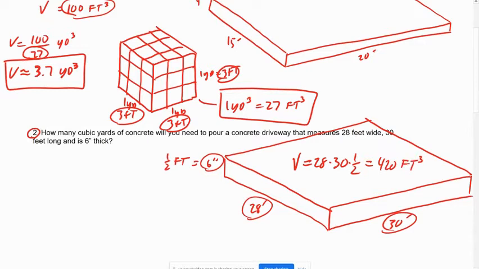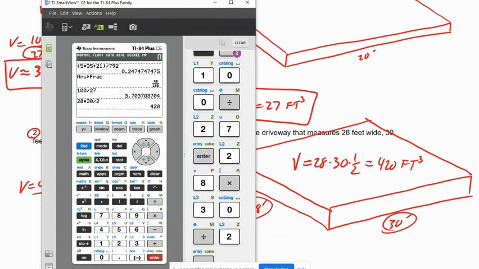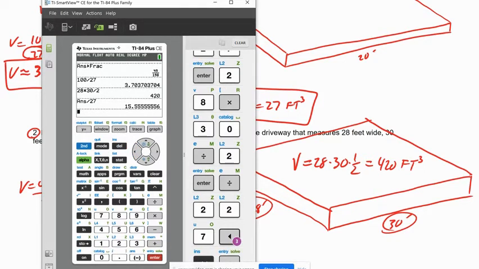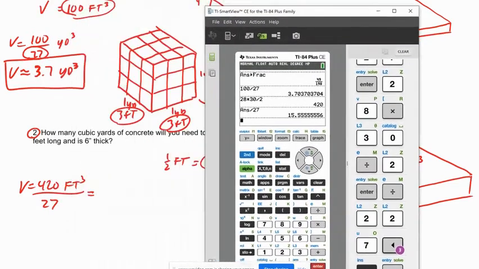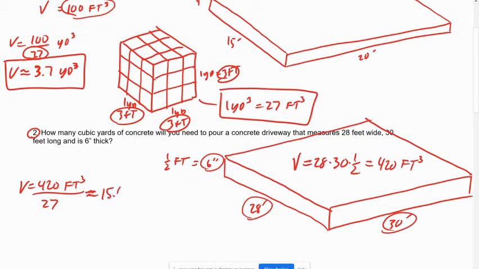cubic feet. And now remember, we have to convert that to cubic yards. We said there are 27 cubic feet in a cubic yard. So if we take 420 cubic feet and we divide by 27, we get about 15.56 cubic yards.